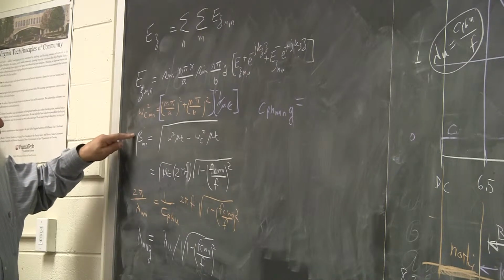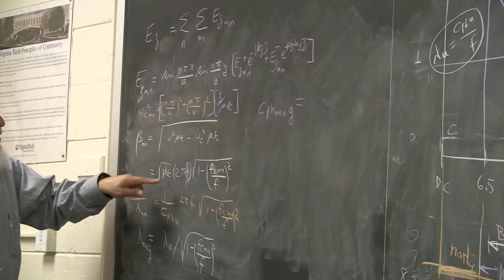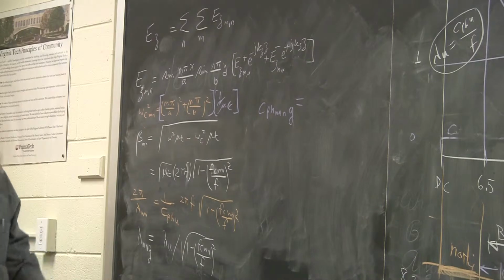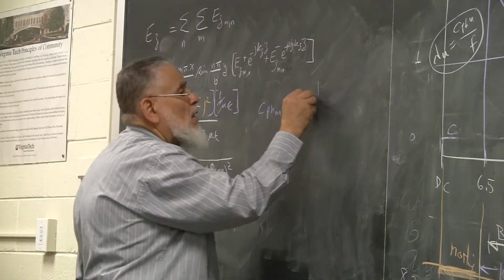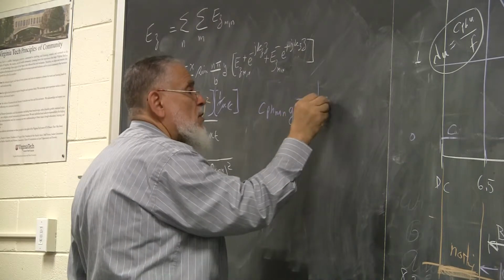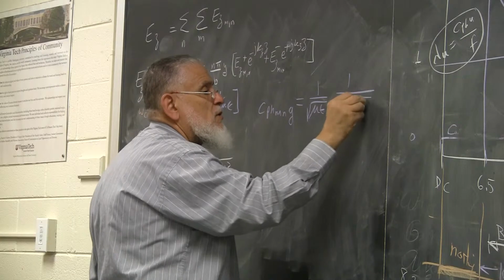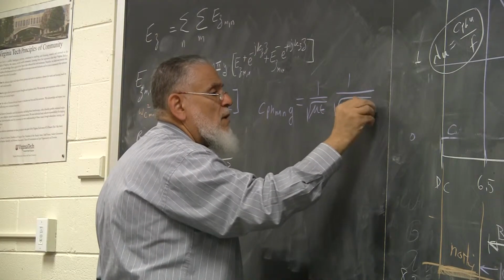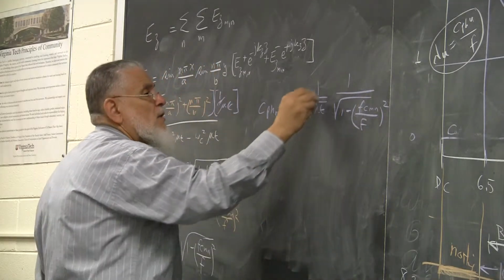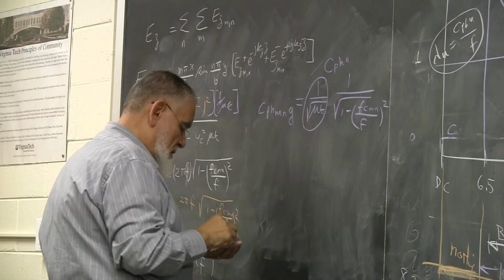So I take this beta and do omega over beta. This is omega right there. So omega over beta is 1 over square root of mu epsilon, times 1 over square root of 1 minus f sub c mn over f, whole squared. And this was C phase unguided.